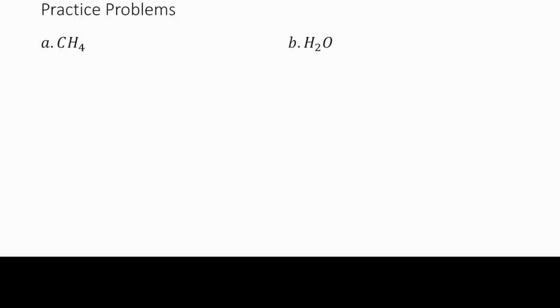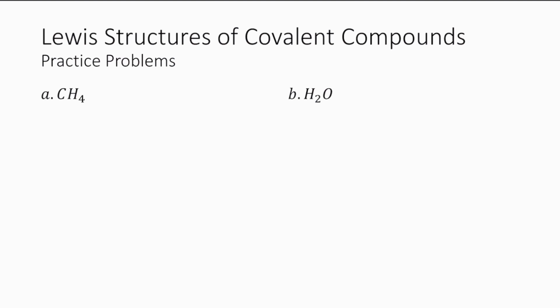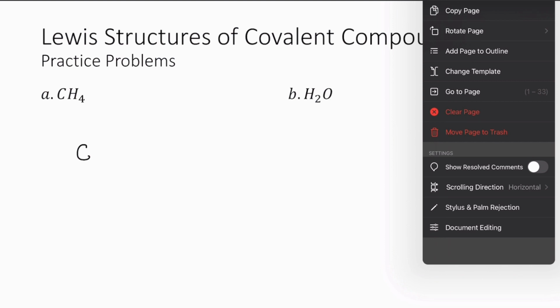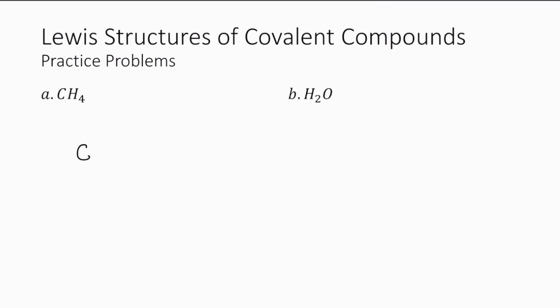So the first example we're going to do is methane, CH4. In this example, I only have two different types of atoms. I have carbon and I have hydrogen. So remember, if you have two types of atom, your central atom will always be the first atom drawn, with the exception of hydrogen, because hydrogen can only ever have 2 electrons around it.